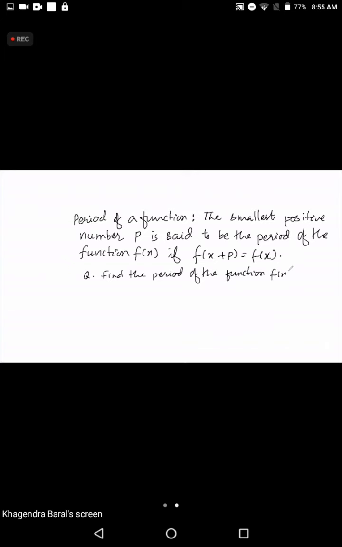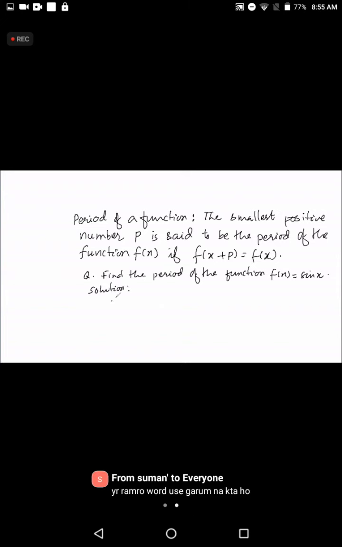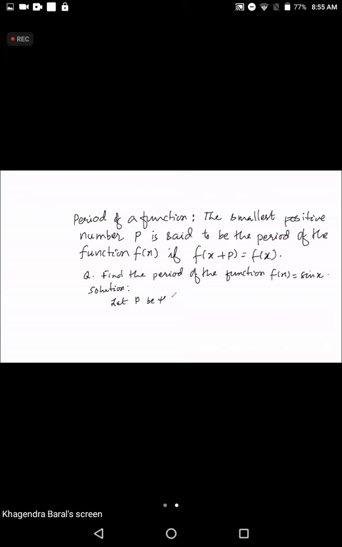To find it, we suppose the period is p for its solution. Let p be the period of the function f of x is equal to sin x.